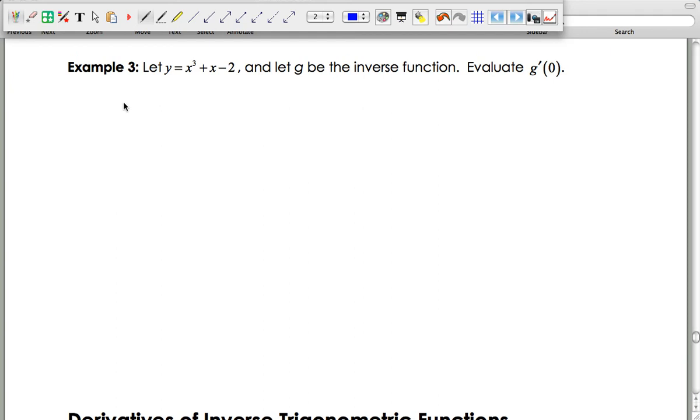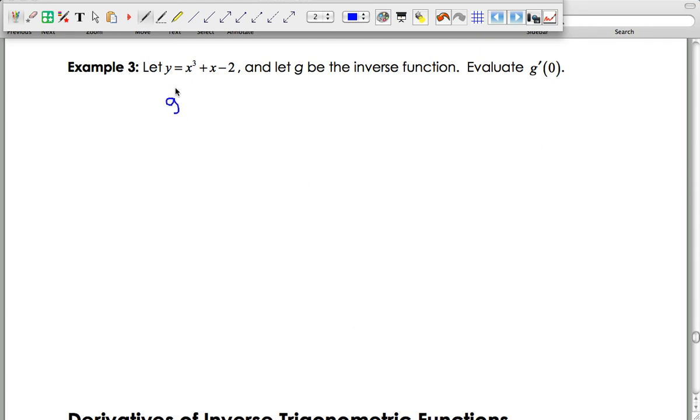Now this is a different example. They give us a whole function. And they say let y equals x cubed plus x minus 2 and let g be the inverse function. Evaluate g prime at 0. So let's apply our rule.